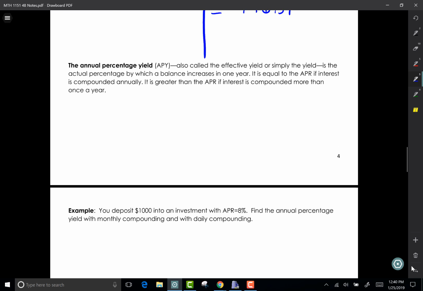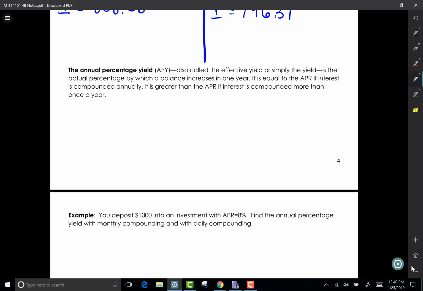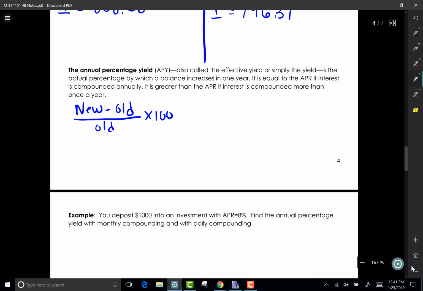And so let me show you how this is calculated. So we're looking at the relative change in percentage over 1 year. So remember, when we talk about relative change, if we think back, relative change means we're going to take the new minus the old amount, divide by the old amount, and multiply by 100.